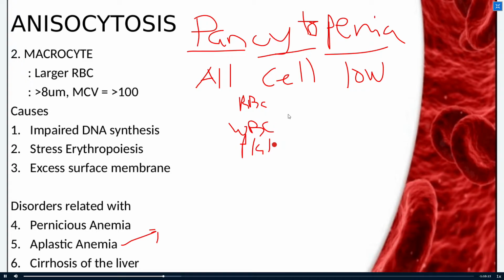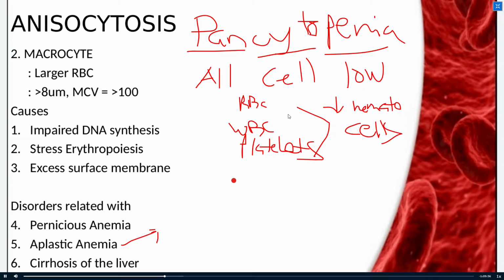So in pancytopenia, class, all your hematopoietic cells are decreased. This is usually caused by what, class? Any idea? Kailan nagiging decrease ang lahat ng cells nyo? Saan kayo titingin, class, kapag ang buong cells nyo, specifically hematopoietic cells, are decreased?